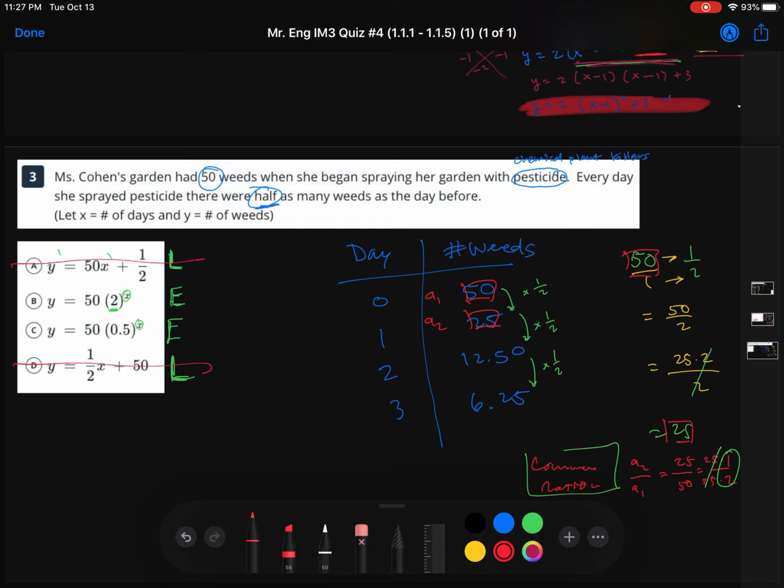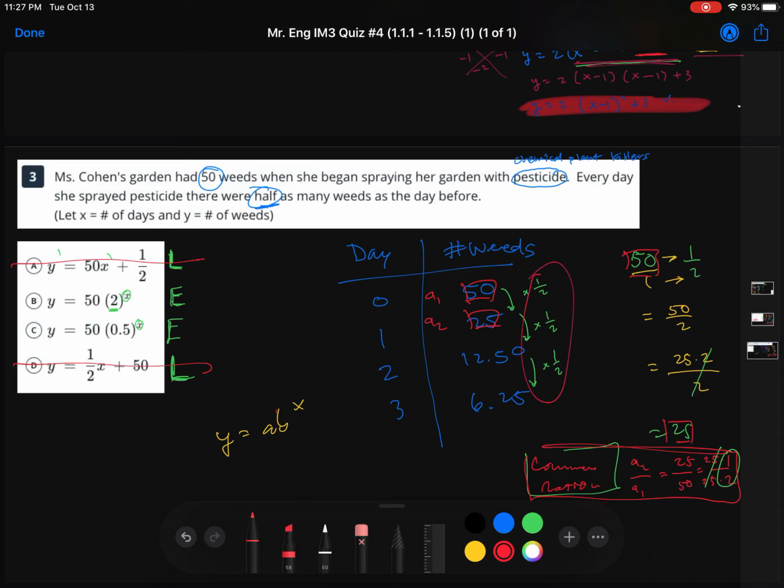If I know it's exponential, then our formula is y equals ab to the x power. And remember, the b value is your common ratio in red down here. So that was 1/2, or this mark.